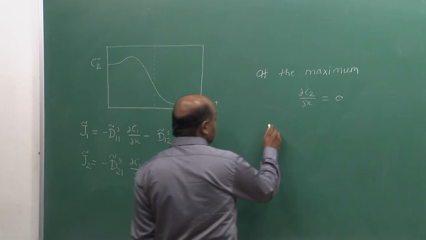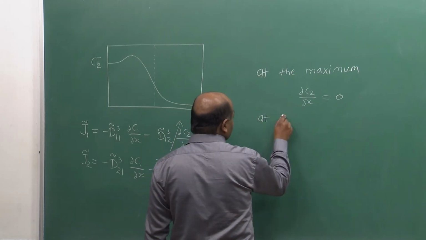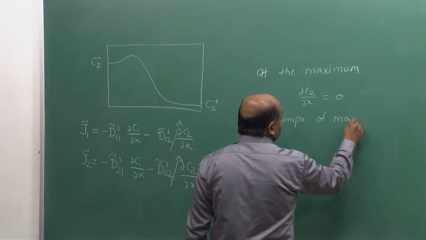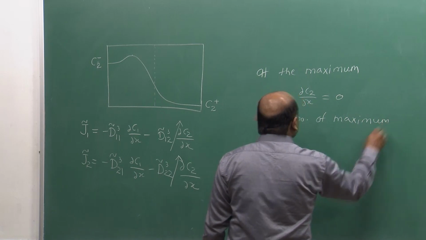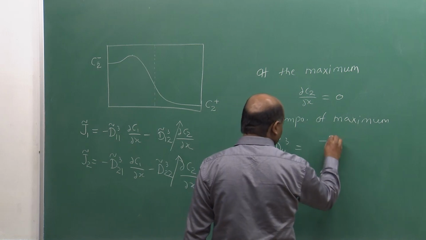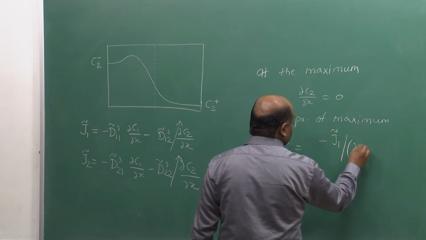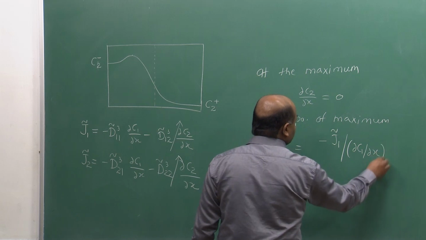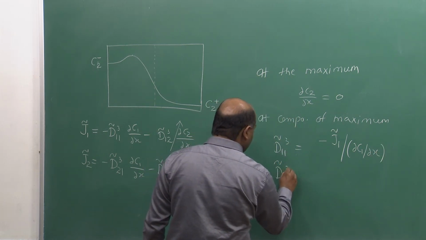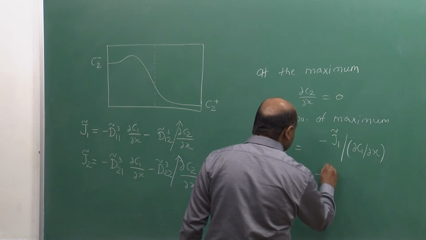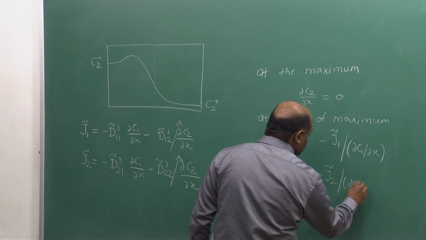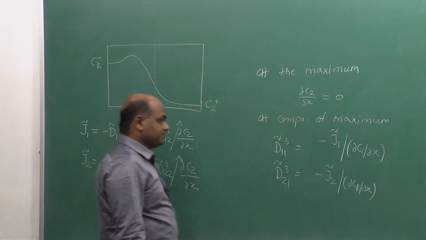So, this gives me, at the composition corresponding to the maximum, D11 tilde 3 as minus J1 tilde divided by dou C1 by dou x, and D21 tilde 3 as minus J2 tilde divided by dou C1 by dou x.